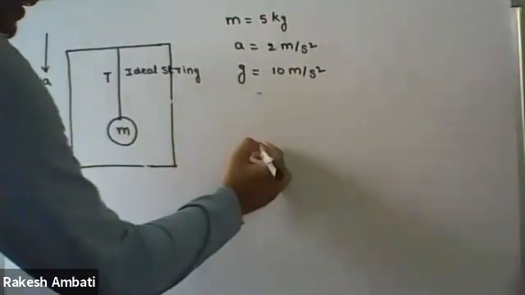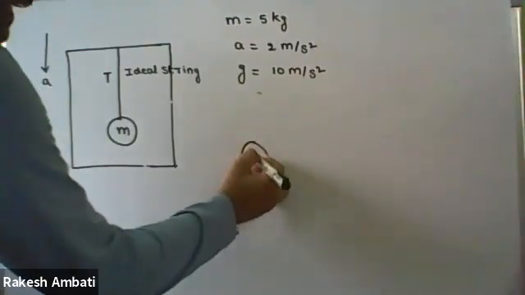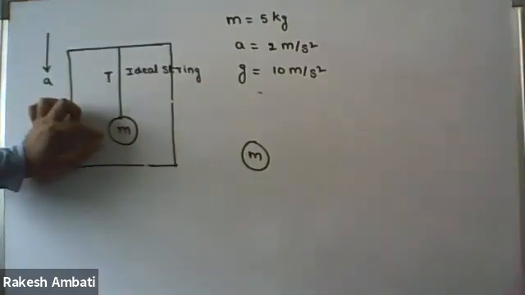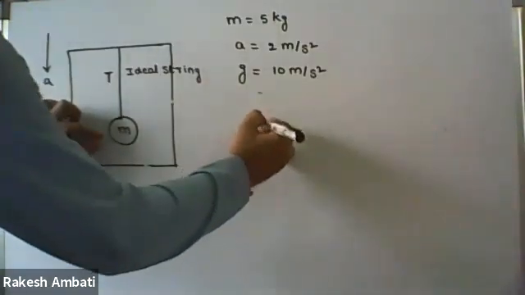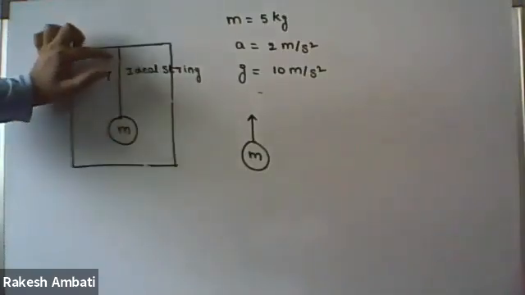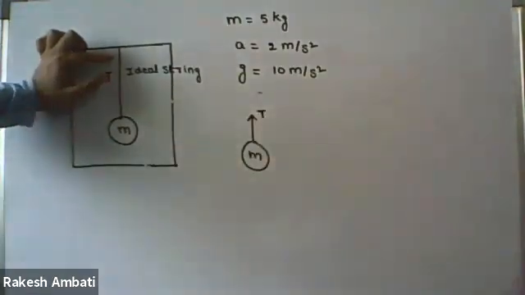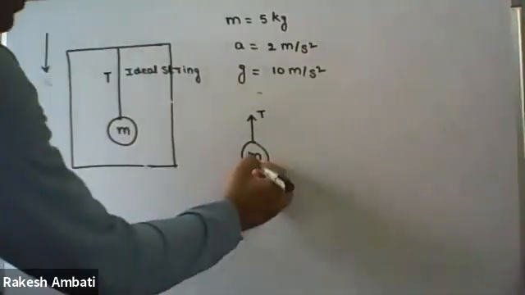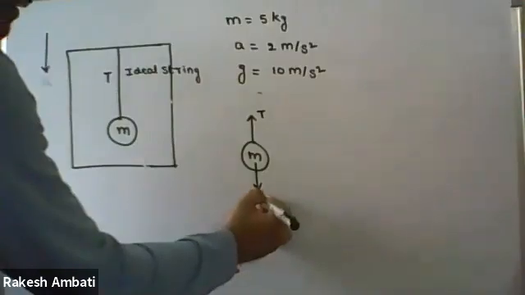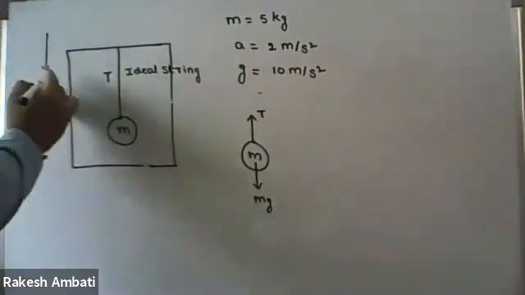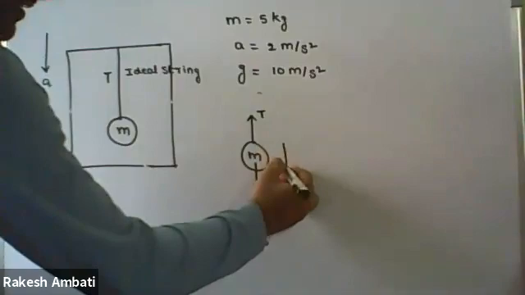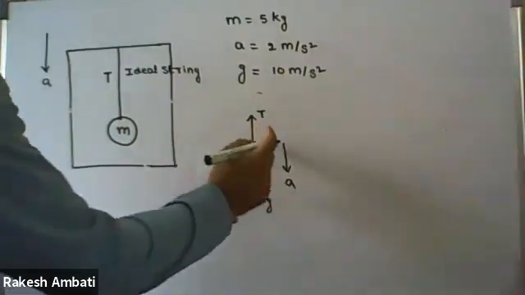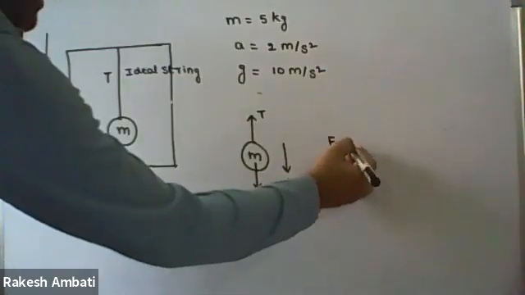For example, it is a block of mass m. For this object, the direction of tension force is away from the object along the string. The mass is m, the weight is mg, and the direction of motion is downwards. For this block, write down the dynamic equation.